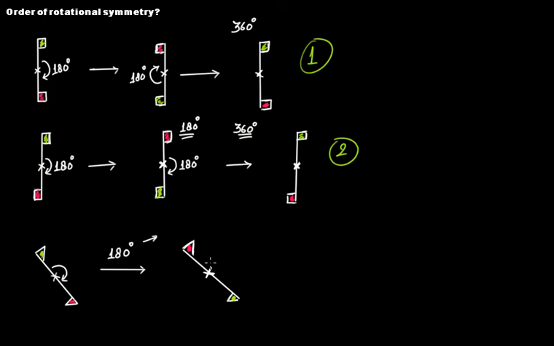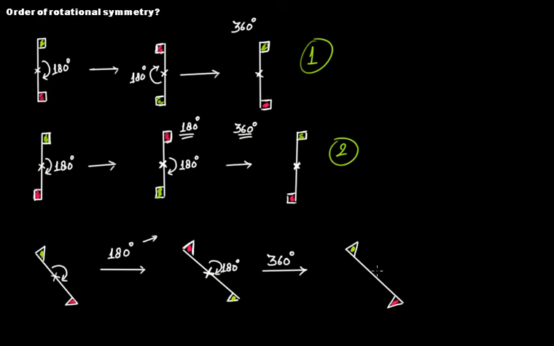Then if you again rotate it by 180 degrees from this position, what is the total rotation from the initial position? It's 360 degrees. So at 360 degrees, you get something like this, and in this one, you have this green color and this one is red color.